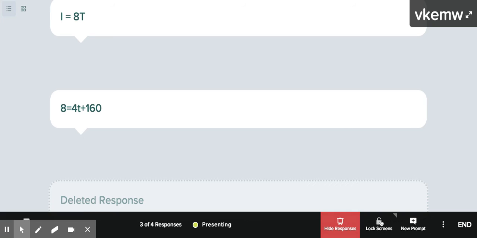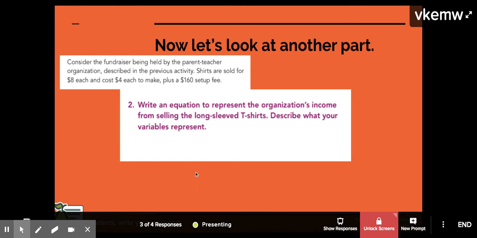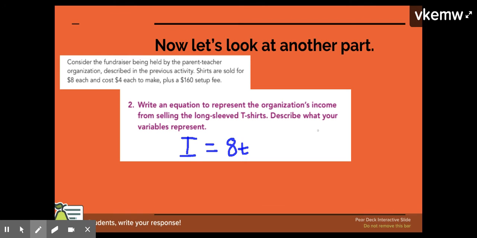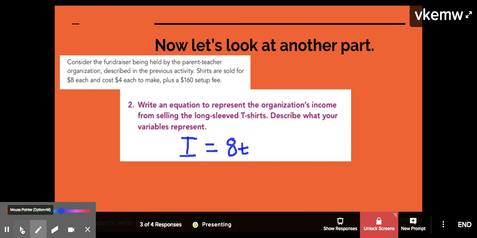All right, I'm going to send us back over here. So I think the best thing is for us to identify that our income, and we were all pretty much on the right track for this, will be $8 times the number of t-shirts we sell. So 8T. That's what we'll end up getting.